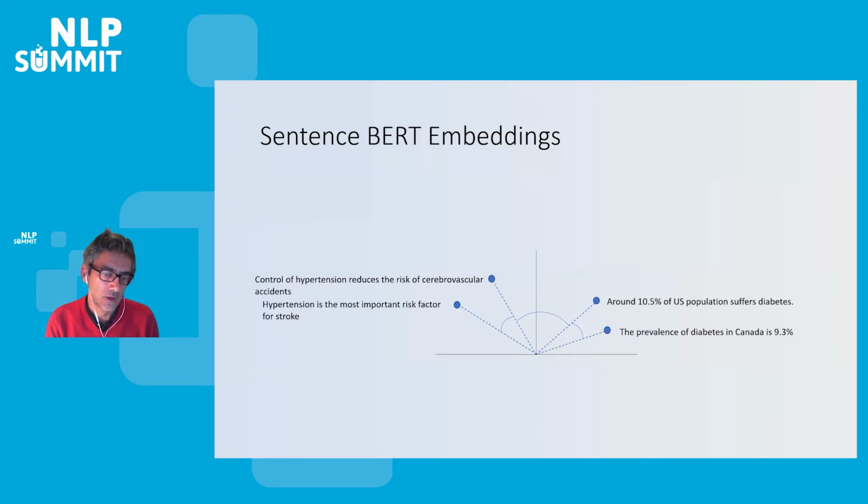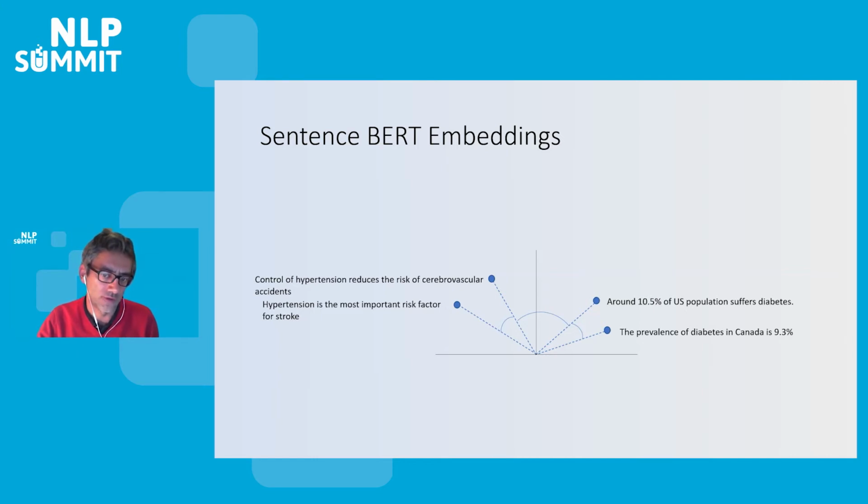Once you have that, an interesting thing that you can find is that those sentences that are closer in meaning will tend to be closer in the distance of their embeddings, of their representation. So for example, with a couple of sentences like controlled hypertension reduces the risk of cerebrovascular accidents, or hypertension is the most important risk factor for stroke. As those sentences are similar in meaning, you will see that they will tend to have this, in this case, cosine distance very small.